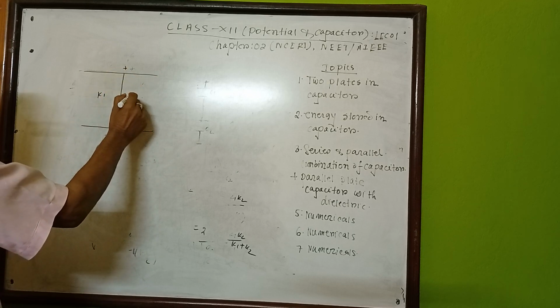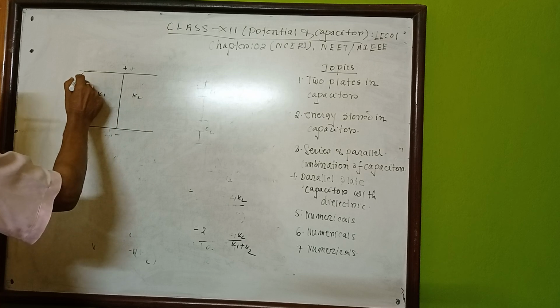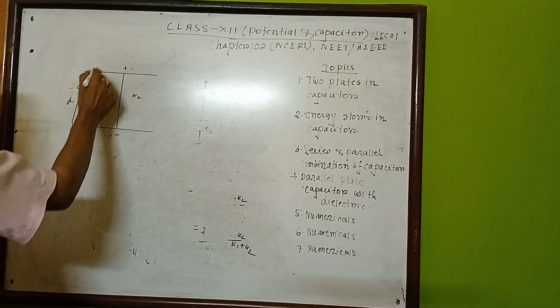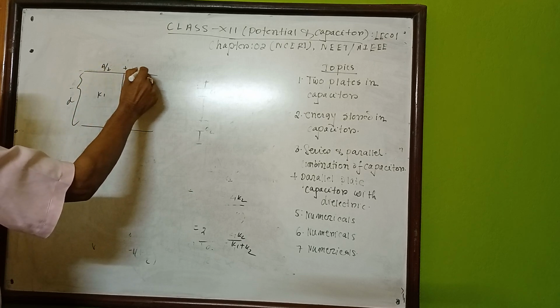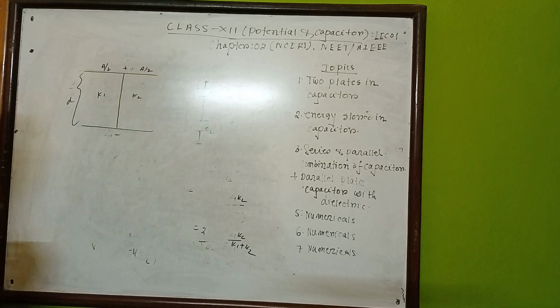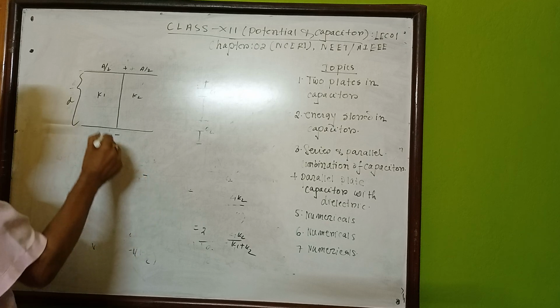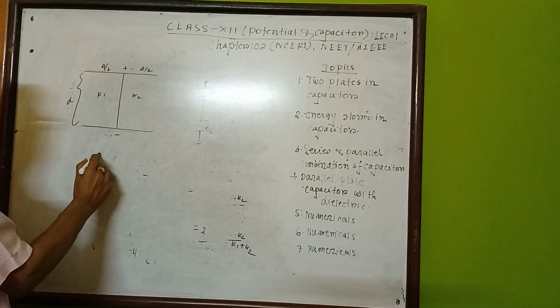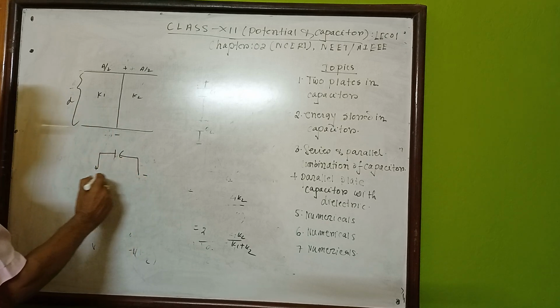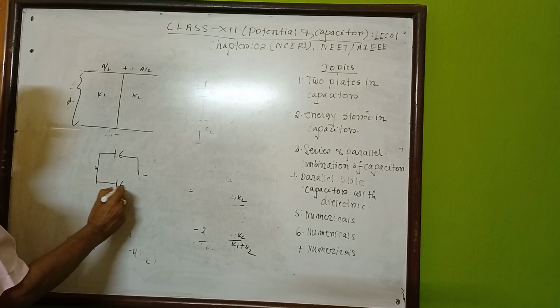It is K1, it is K2. Here it is d, area A by 2, area A by 2. Now how can we write the capacitors? That is one capacitor, plus minus. That is another capacitor, plus minus. That is C1 and that is C2.